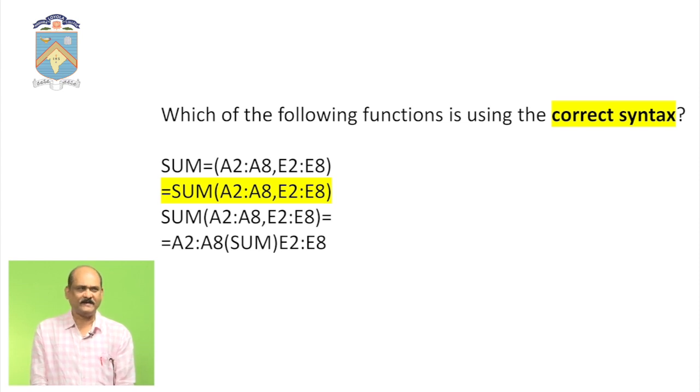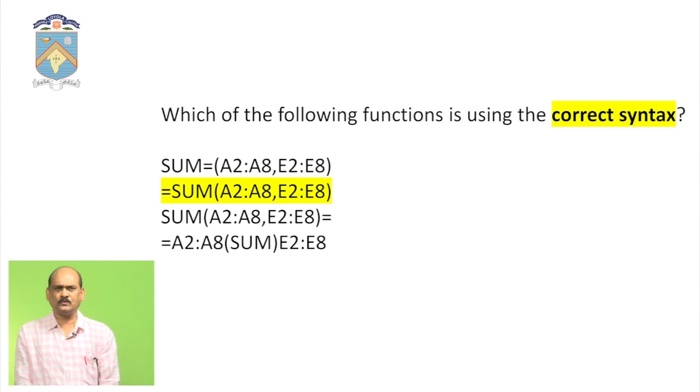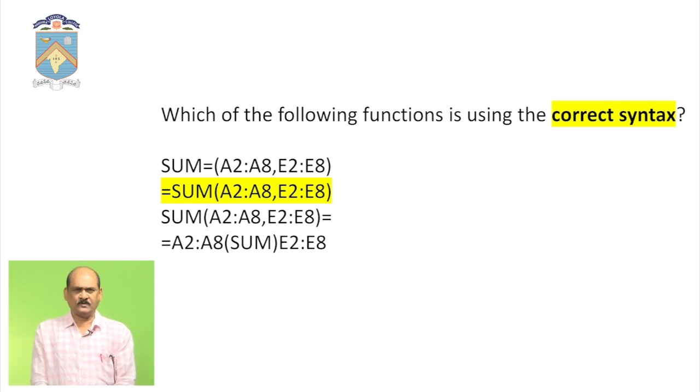So, obviously, the second option is the right syntax for summing up the values from A2 to A8 and E2 to E8. What I would like to emphasize is using the correct syntax, correct characters, correct name of the function, parenthesis opening, parenthesis closing, commas; all are very important for doing calculations in Excel.